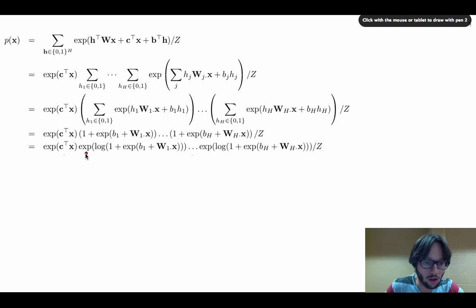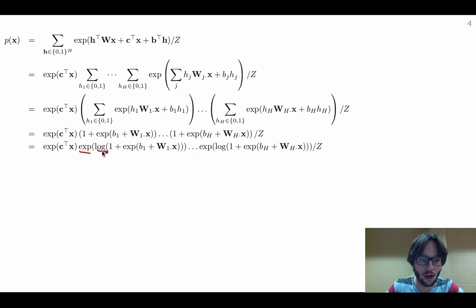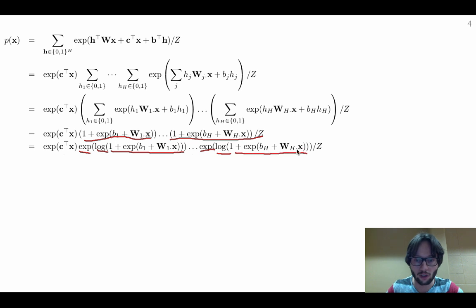Then I'll also write this term here as an exponential, the exponential of a term. So I'm just going to add the exponential of the log of the term that I have here. I'll do that for this one too. So I have the exponential of the log of the original term.